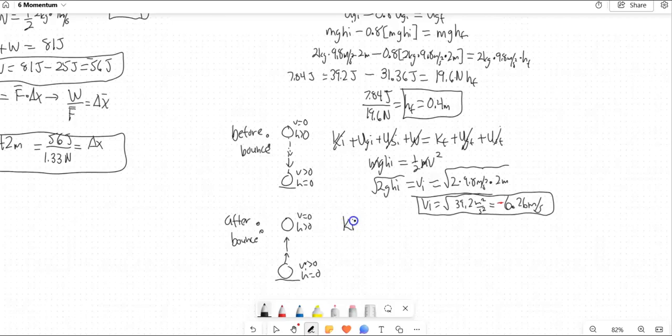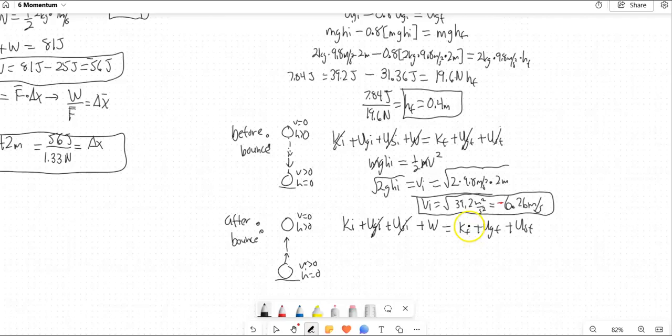So, starting with our equation, it's K final plus U sub G final plus U sub S F. Now, when it starts here leaving the ground, so it's fully left the ground, now it's just moving upwards, its height is 0, no springs are touching it.